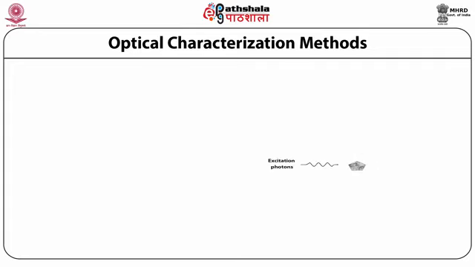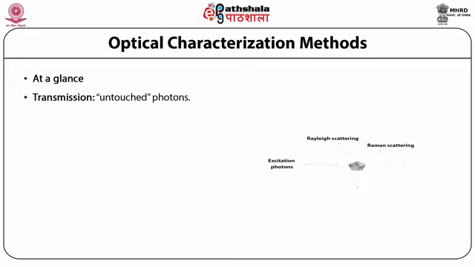First, Rayleigh scattering; Raman scattering; it can undergo transmission; and lastly, we can have photoluminescence. So let us have a brief glance at all these phenomena. First is transmission, that is, untouched photons.